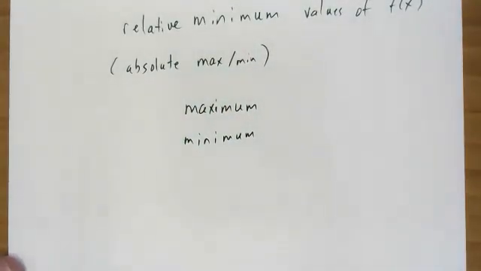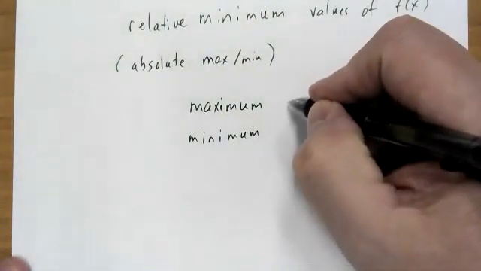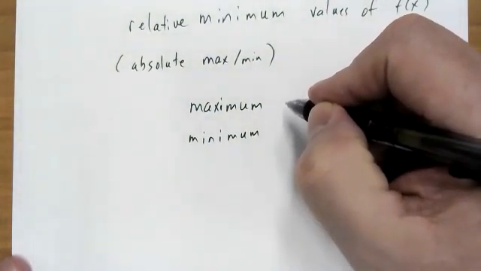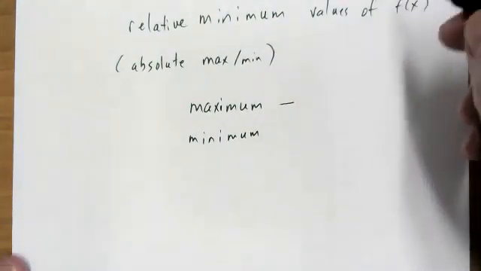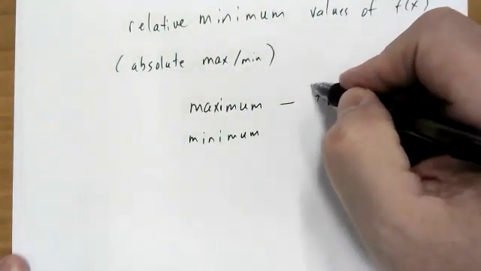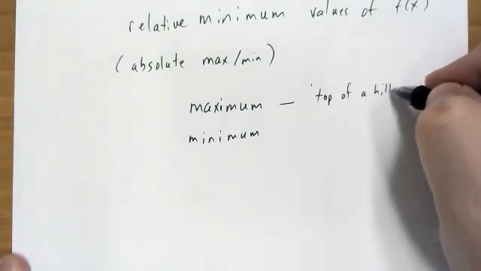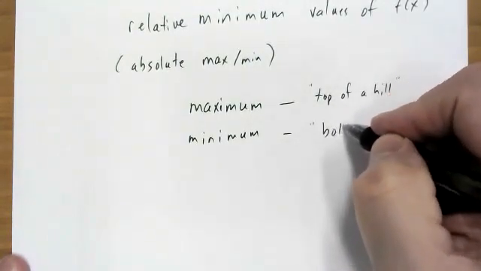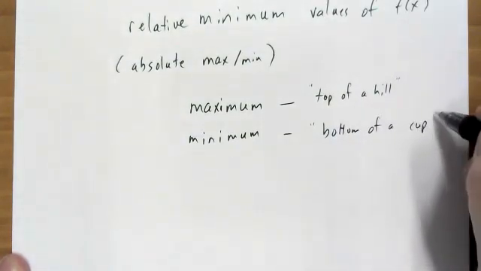But just in terms of the concept, and you won't find this very hard, let me tell you how I like to think about a maximum, just in case someone isn't very clear on it. When I think of a maximum, here's the phrase: top of a hill, and for the minimum, the bottom of a cup.